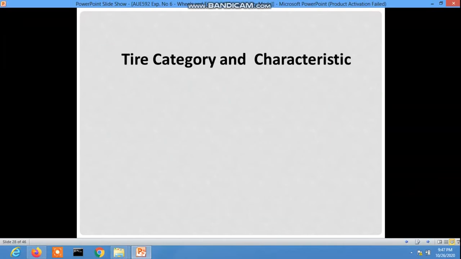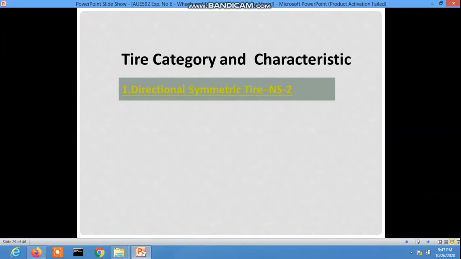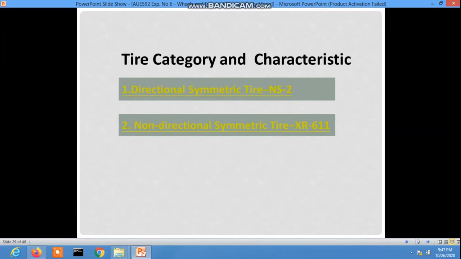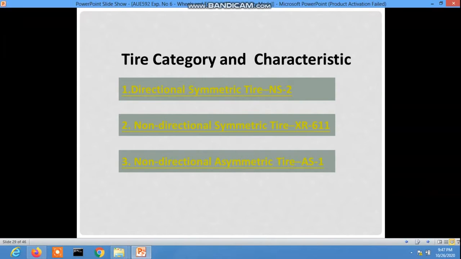Tire category and characteristics. Some characteristics: first, directional symmetric tires. Second is non-directional symmetric tires. Third is non-directional asymmetric tires. Now the directional symmetric tires.